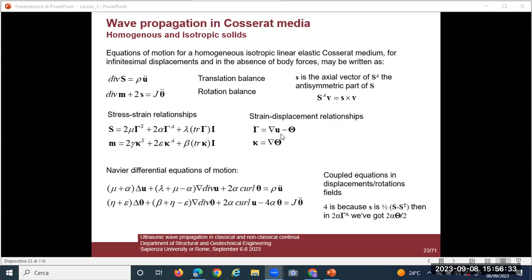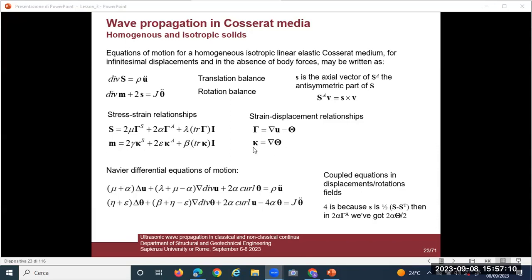Because the constitutive relationship is not between elastic constants and the symmetric part of the gradient of U. You see that this is not the symmetric part of the gradient of U, which would be calculated as 1/2 of the gradient of U plus the transpose of the gradient of U. So this is something slightly different. It is the gradient of U minus the rotation matrix.